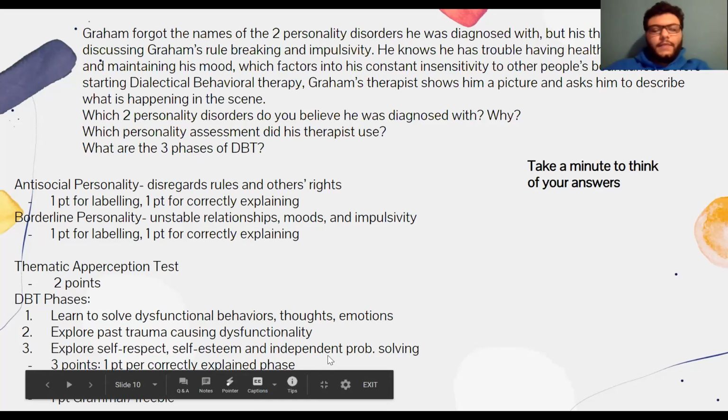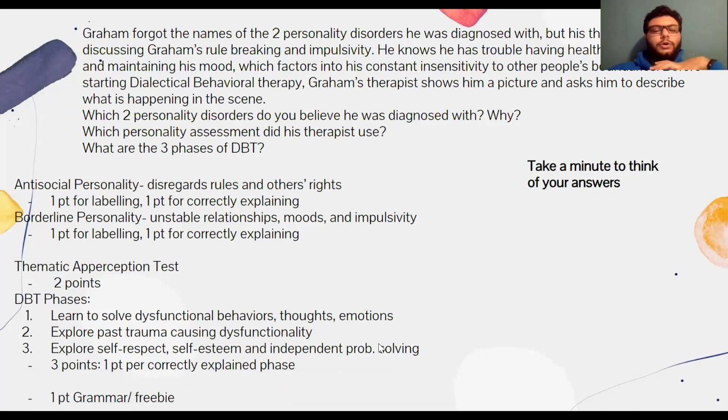So DBT more relies on focusing on a person's independence. So moving away from the dysfunctional and distressful behavior and cognition into independence and independent problem solving.